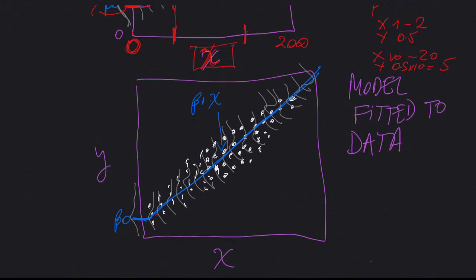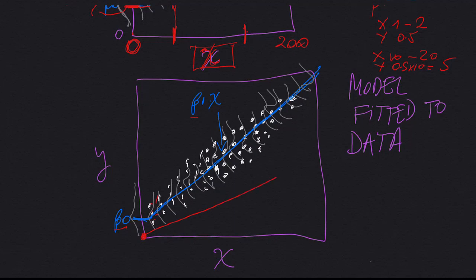So the blue line comes from beta 0 and beta 1, which are estimated, and the beta 0 and beta 1 will be the values that generate a line that minimizes the distance between the points and the line, or that maximizes the probabilities of obtaining these individual observations.